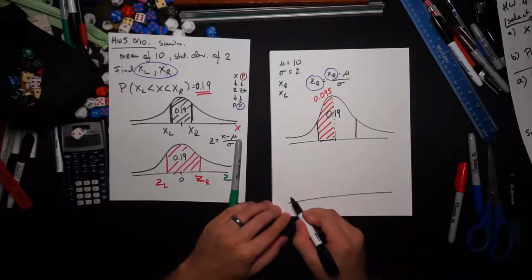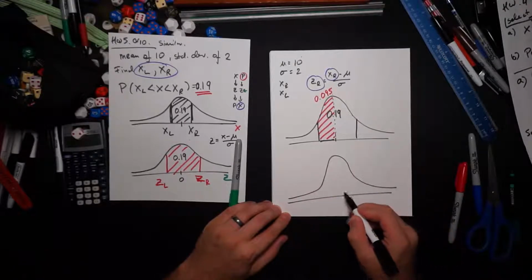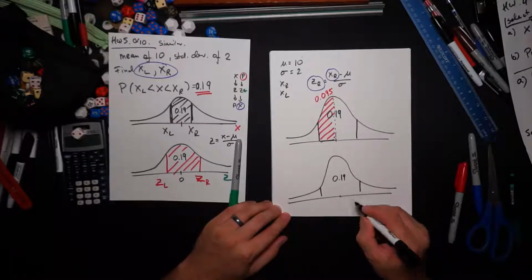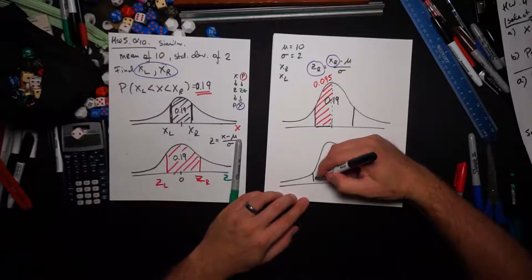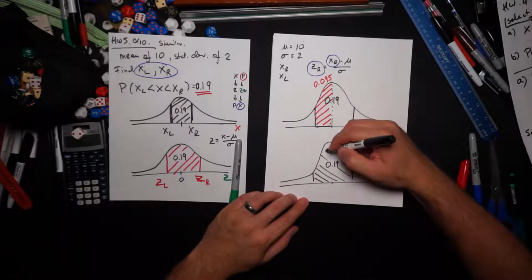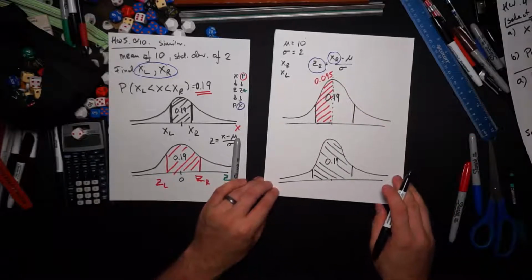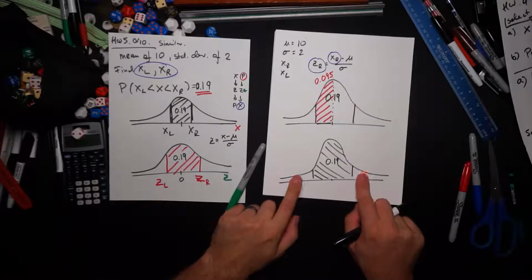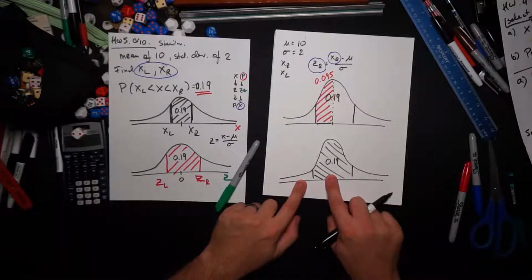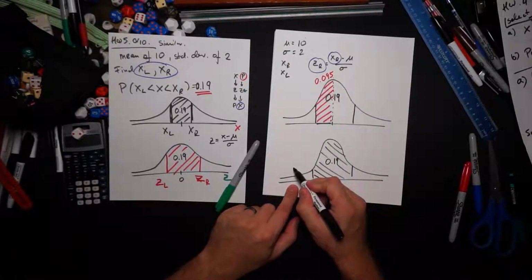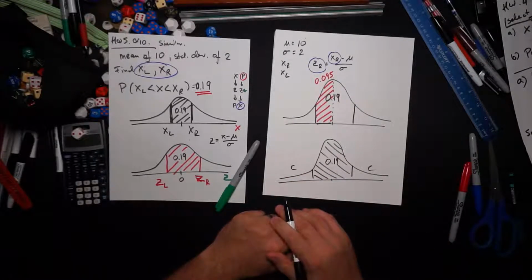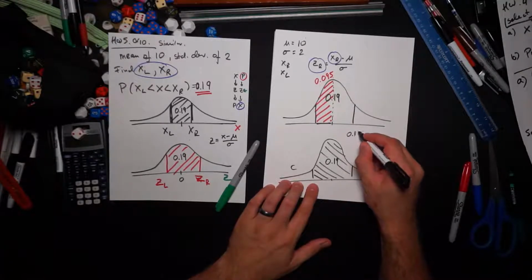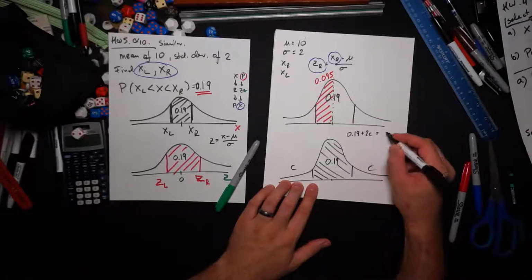is, if this is 19, how big is this? Well, if this is 19, then these two pieces, let's call them C, are symmetric, so they're both size C. So 0.19 plus 2C equals 1.